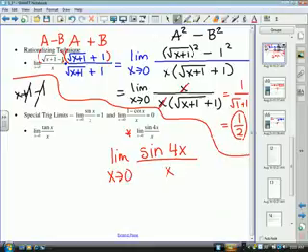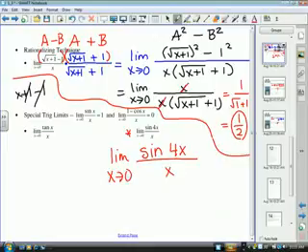Good thought. But remember, with trig functions, you can't just do that because we have all those identities. Remember how sine of 2x was 2 sine x cosine x, and you have all those identities, so you can't just factor a 4 out. Good thought, but that's not exactly what you do. No, you don't want to square anything.